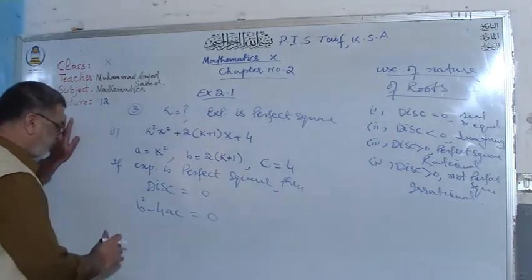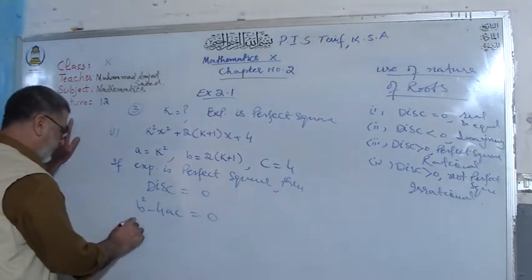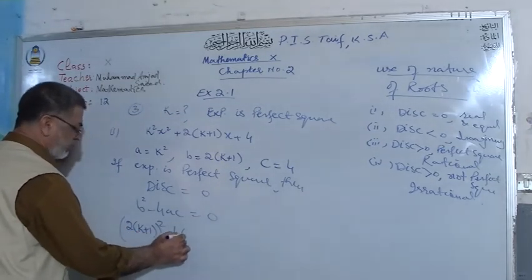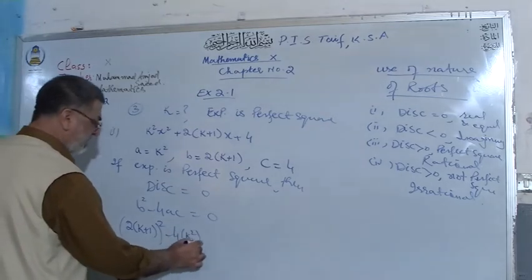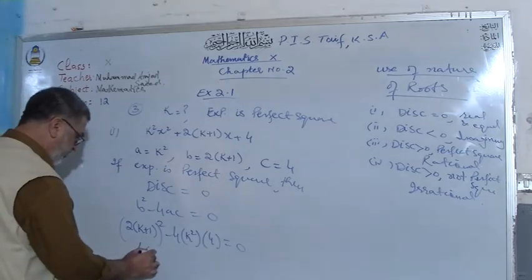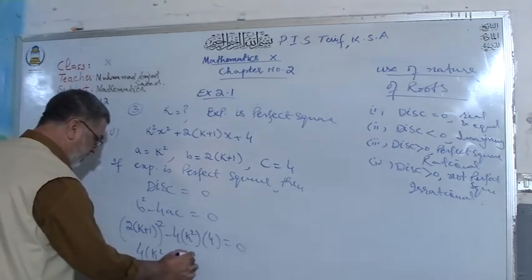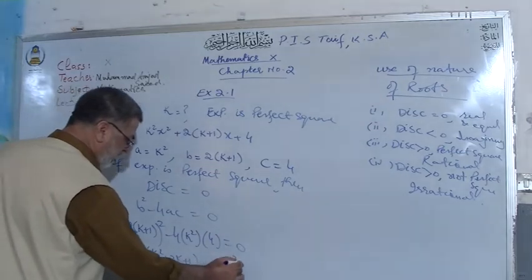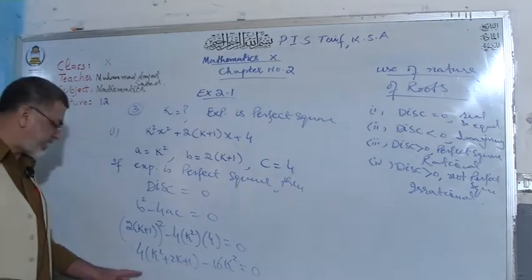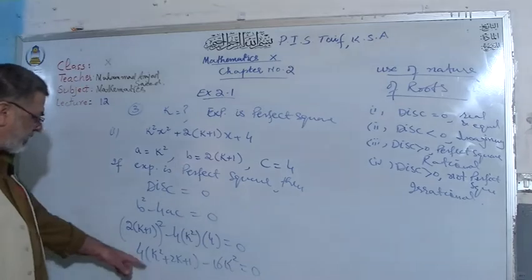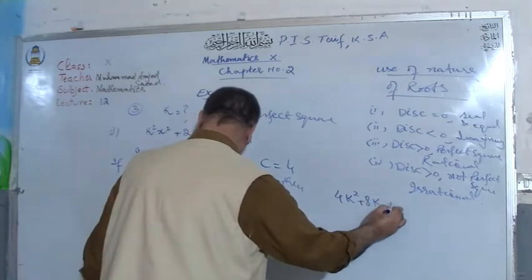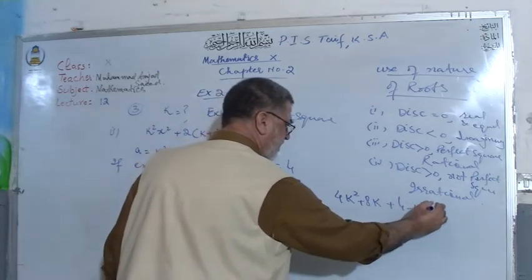Here we will have 2 into k plus 1 whole square minus 4 into a, which is k square, and c is 4. Here we will have 4 into k square plus 2k plus 1 minus 16k square is equal to 0. Now we will open up the brackets: 4k square plus 8k plus 4 minus 16k square is equal to 0.